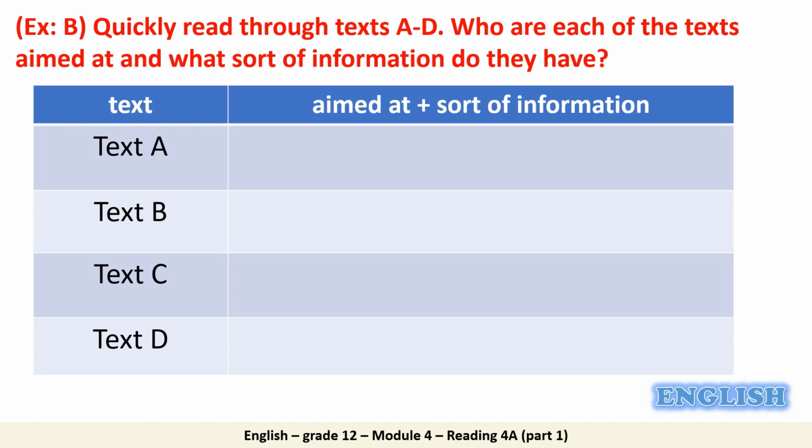Moving on to exercise B, I want you to go through the four texts and decide on the target reader of each of the texts. And I also want you to decide on the kind of information that is there in each of the texts. Please pause the video to answer.